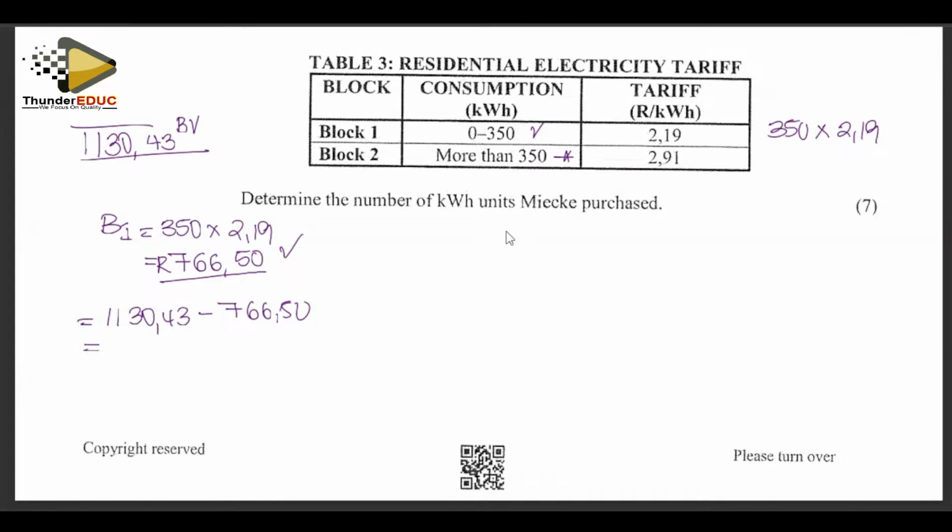363 rands 93. Now this one comes from block number 2. To find out the units, because the units for block 1 we already have as 350 kilowatts, what units cost this much?